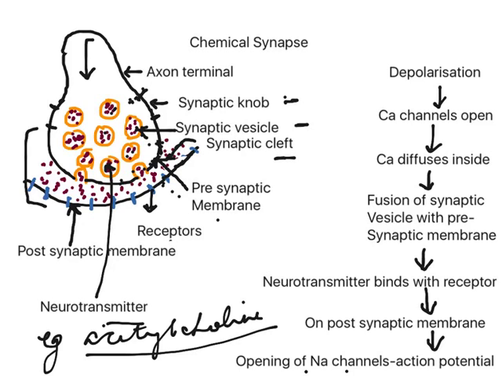Cleft usually refers to a space. Over here, the cleft refers to this synaptic area which is lying between the vesicle and the postsynaptic membrane, that is the next neuron. So as soon as the calcium comes inside, these vesicles bind with this cell membrane and a lot of neurotransmitter gets poured into the synaptic cleft.